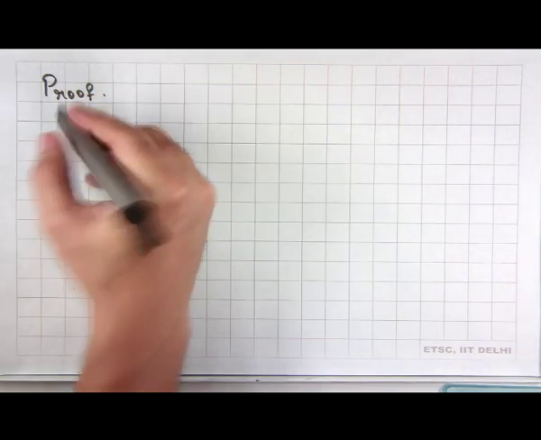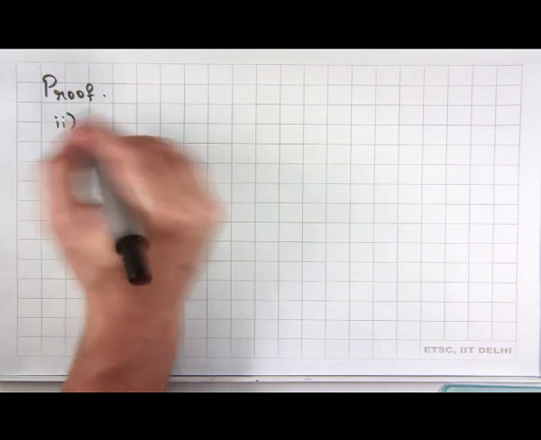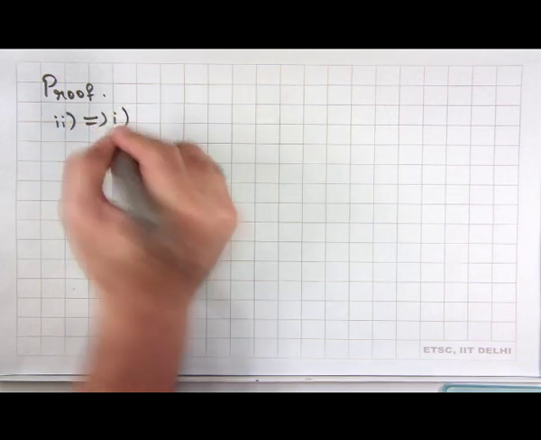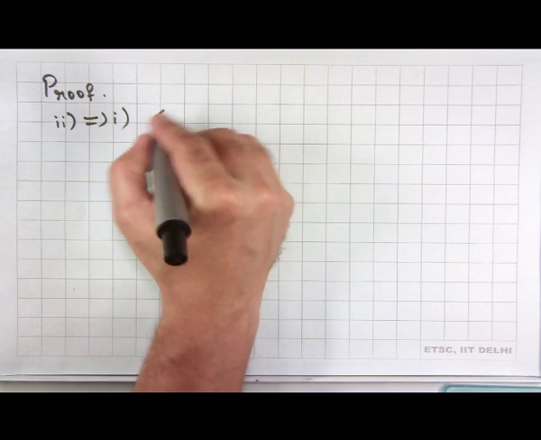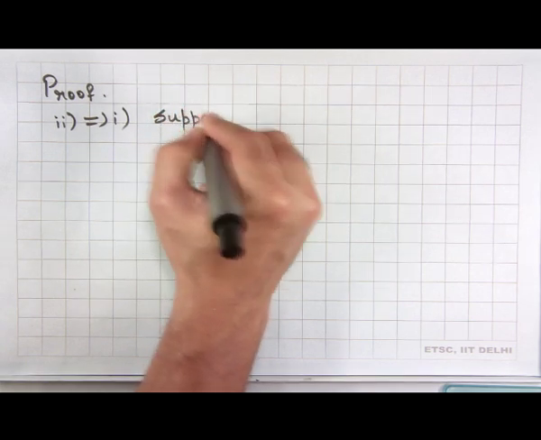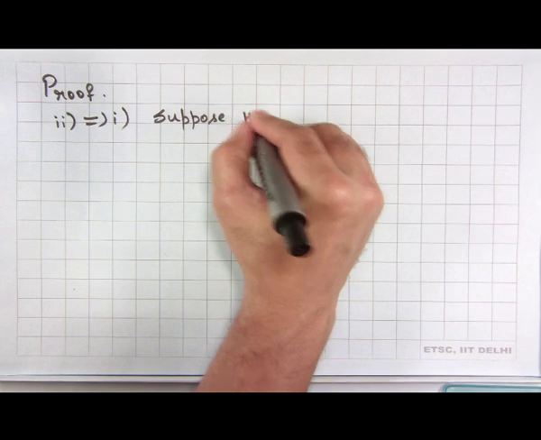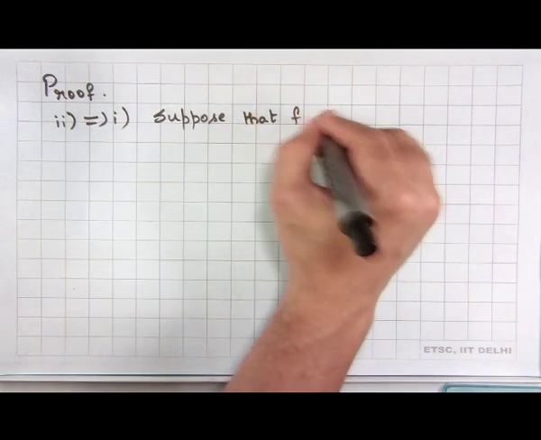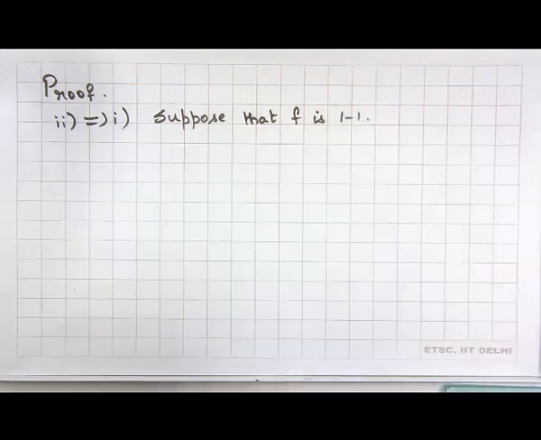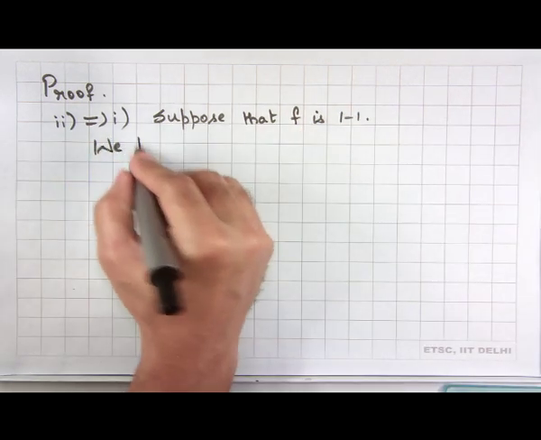Now, let us try to prove this one. 2 implies 1. So, suppose that f is 1 1. So, let us begin with what we know.